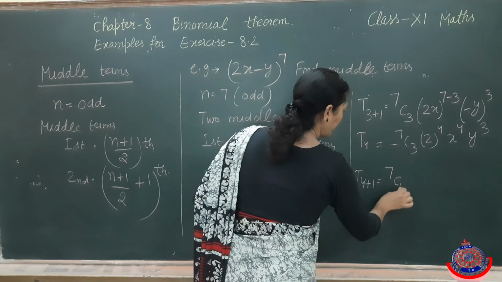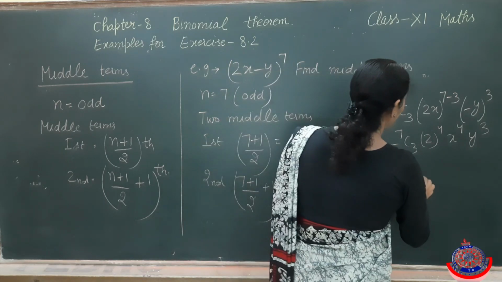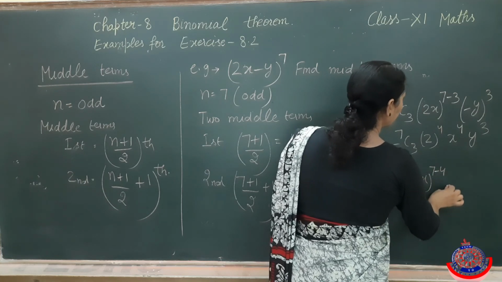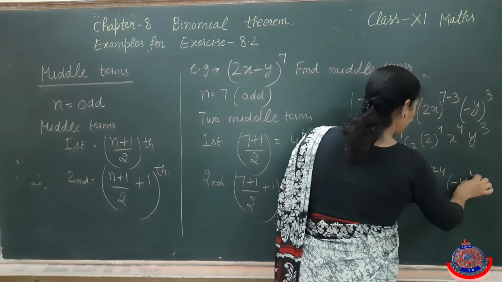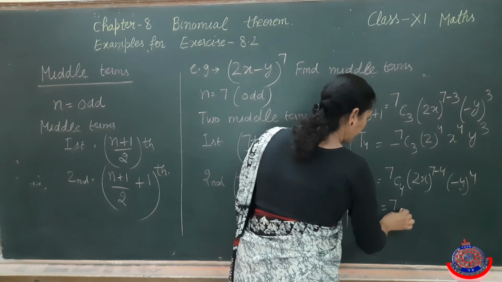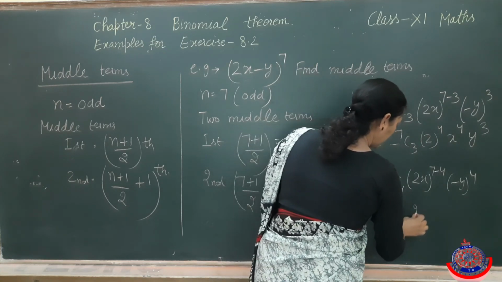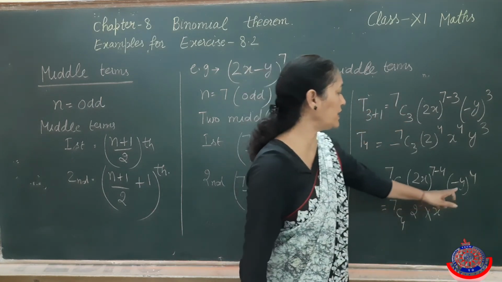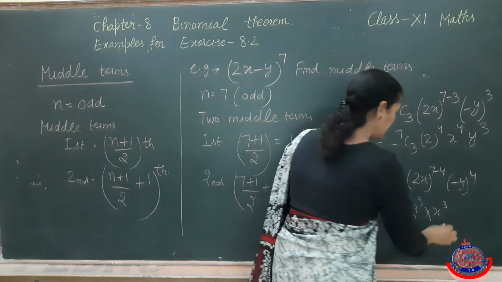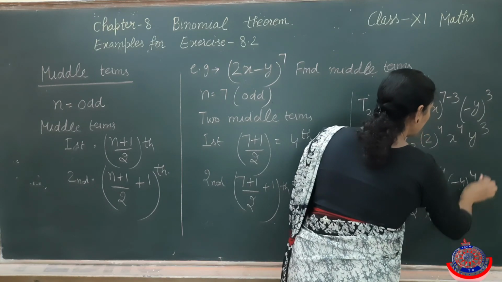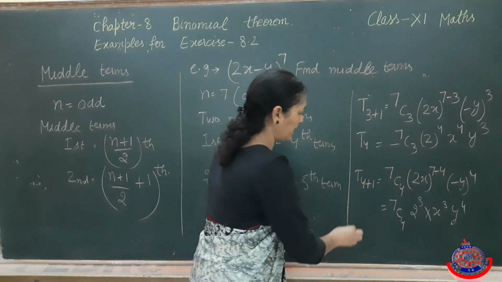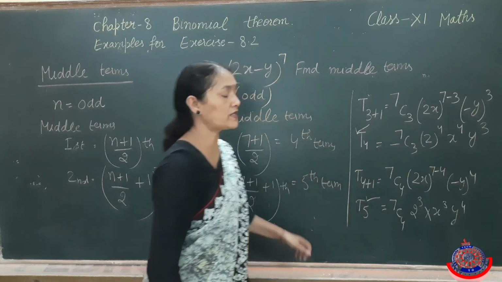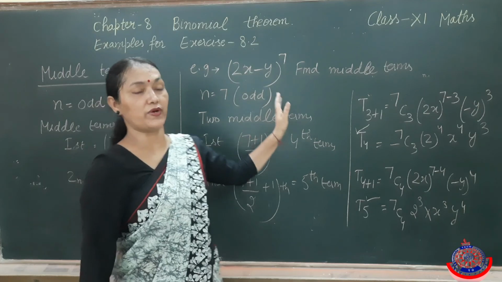So 7C4, 2x power 7 minus 4, minus y power 4. So 7C4, 2 power 3, x power 3. Here minus y is having an even power, so positive. So the fourth term and fifth term are the two middle terms for the expansion (2x minus y) power 7.